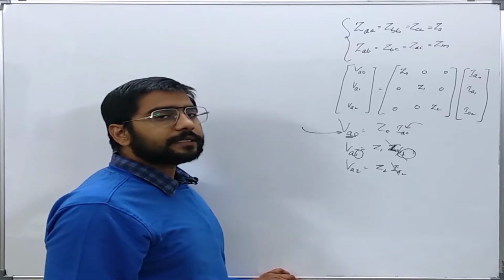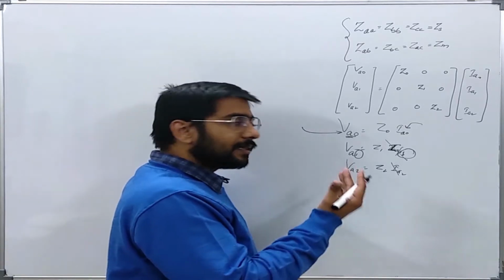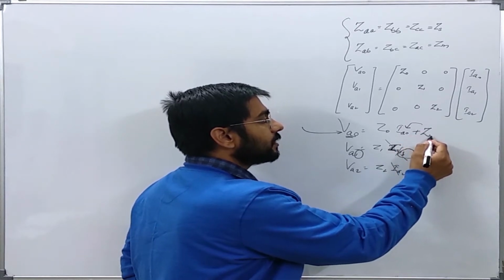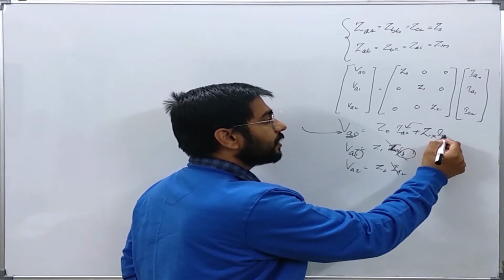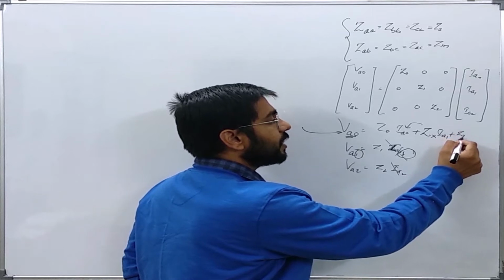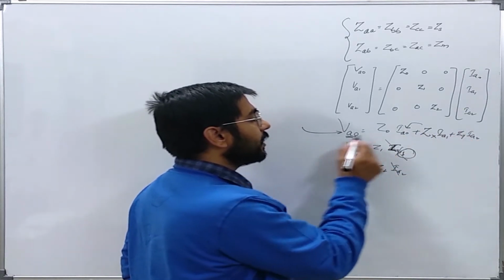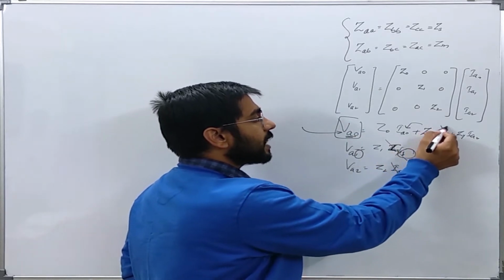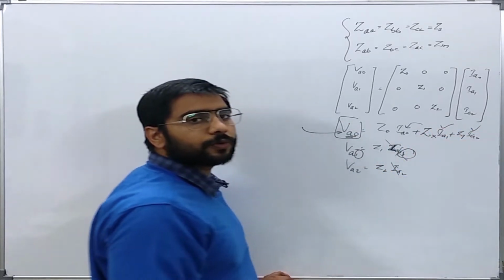However, if a load is not balanced, then we will find terms like Zx IA1 plus Zy IA2. Clearly in that case VA0 is depending upon IA1 as well as IA2.